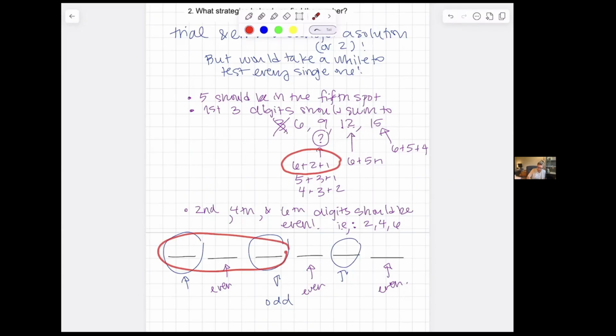Why can't I have 6 plus 2 plus 1 here? Or 6, 2, and 1 in these three spots. Anybody? Can I have 6, 2, 1 here?